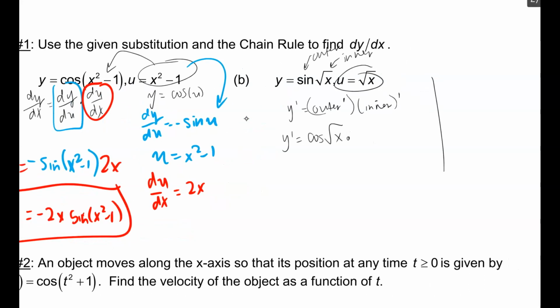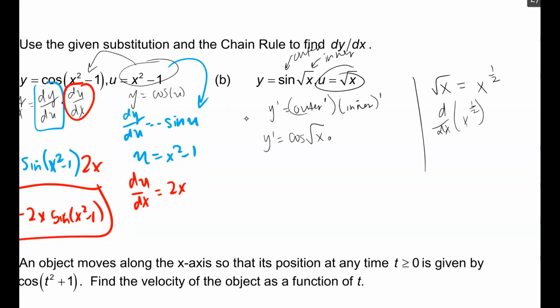So for the derivative of root x, root x is the same thing as x to the 1/2 power. So if I want to take the derivative with respect to x of x to the 1/2 power, we're going to use the power rule for a rational exponent. So multiply by your old exponent and subtract 1 on the exponent.